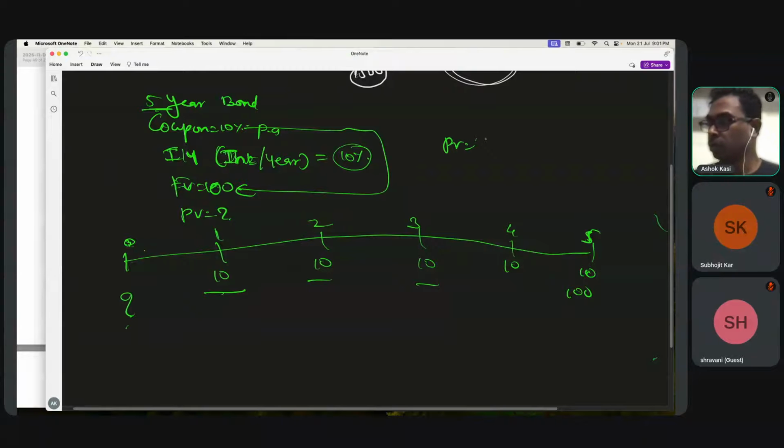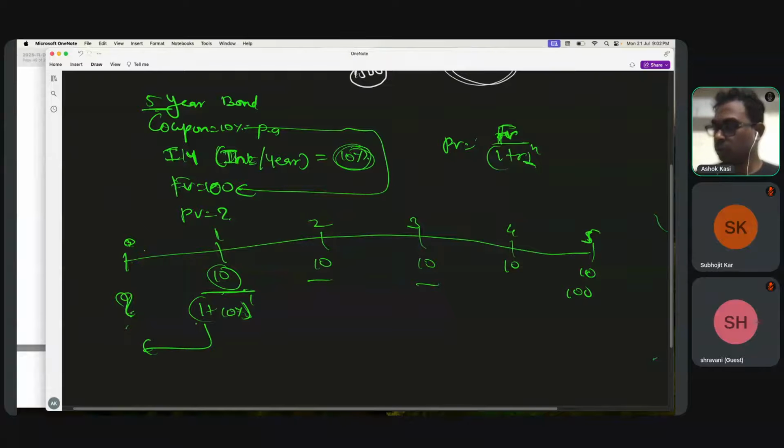We have to discount this because we have to calculate the present value. Present value is equal to future value divided by 1 plus r raised to n. When I'm standing here, this is my first future value, divided by 1 plus r, where r is the discount rate, 10 percentage, raised to 1.